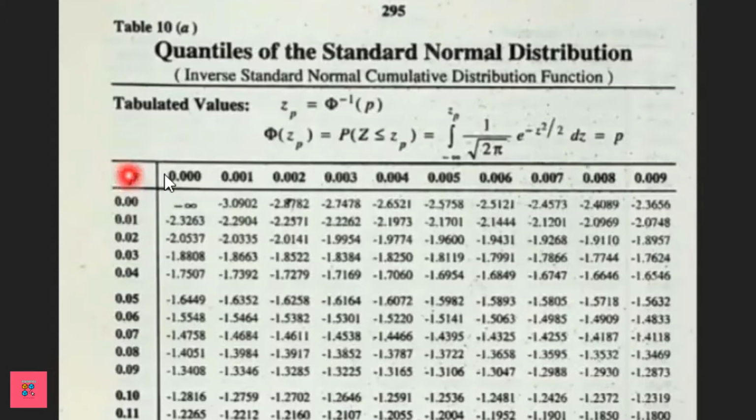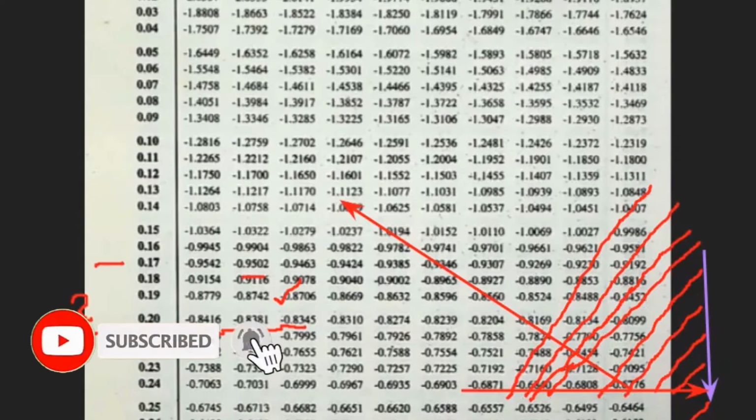You will locate your probability in the column and upper captions in a row, and you will locate the z, which is given in the center of the table, and you will see that the tabulated value zp is equal to phi inverse of p. So whenever you have to find the value of phi inverse, you will see this table.